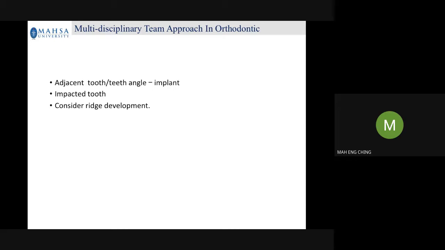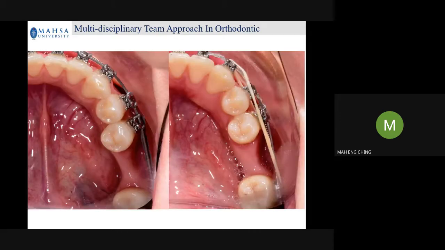Once you bring the teeth together, sometimes you can generate a certain amount of bone. So this one is ridge development. You can see when I start closing the gap from the molars, the ridge becomes a bit thicker. So this one we call ridge development. The concept behind it is when there's a tooth, there's bone.